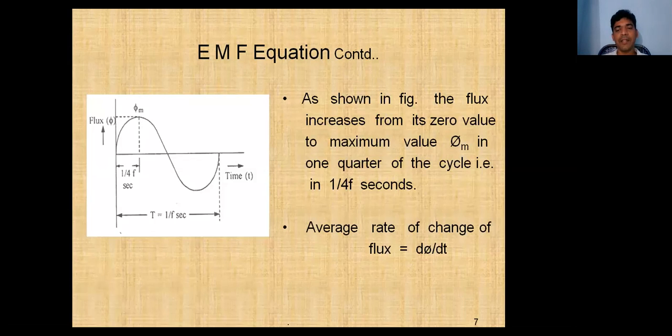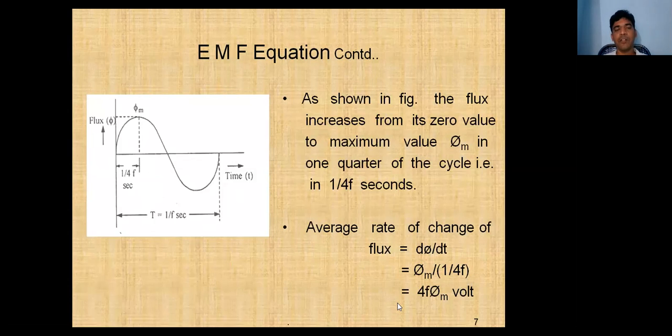Average rate of change of flux is d phi by dt. The flux changes from 0 to phi m, that is phi m minus 0, and time changes from 0 to 1/4f. So phi m by 1/4f is equal to 4f phi m.